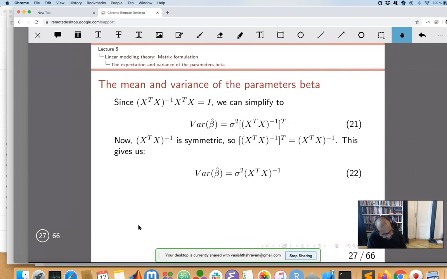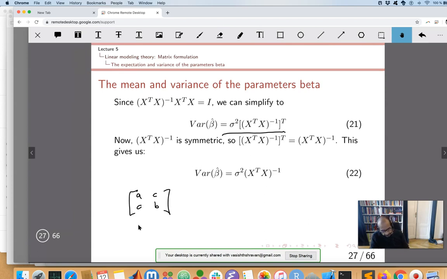Yeah, right, exactly. So this is where I end up: sigma squared x transpose x inverse, the whole thing transposed. But now one thing to realize is that x transpose x inverse is a symmetric matrix. A symmetric matrix is like this, right? It's like if you got A, B, and C's on this side. So if I flip this matrix, I'm going to get the same matrix back.